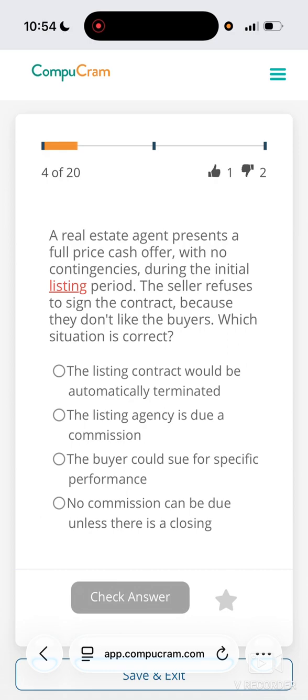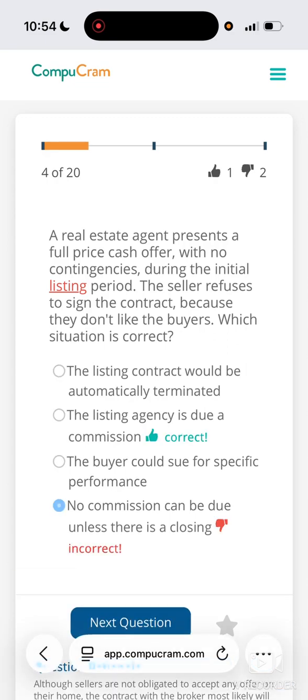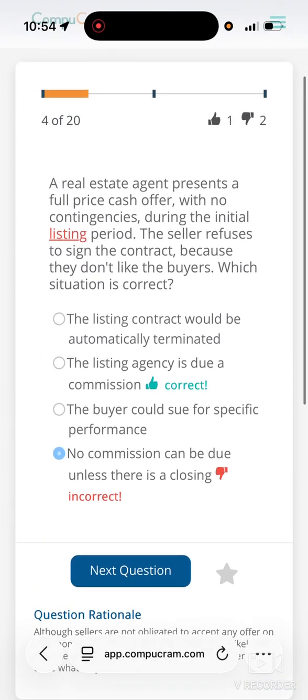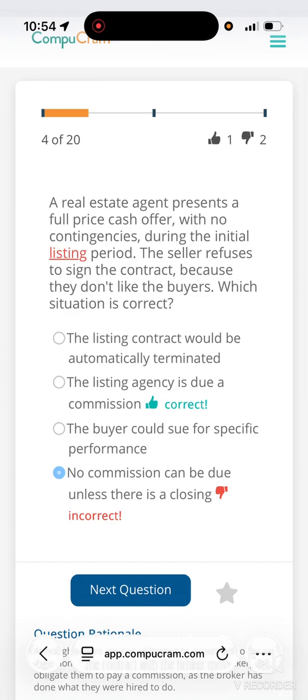No commission can be due unless there is a closing. Let's just guess. All right, so the correct answer was the listing agency is due a commission. Let's find out why. Although sellers are not obligated to accept any offer on their home, the contract with the broker most likely will obligate them to pay a commission as the broker has done what they were hired to do. You just got to read it and understand it.